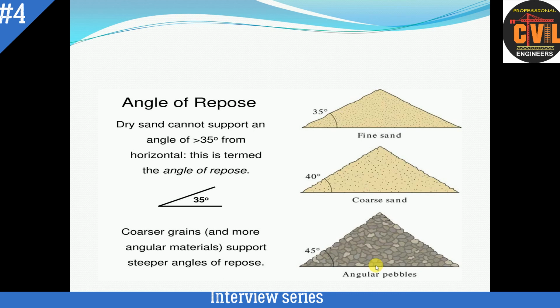So it means that fine sand can develop an angle of repose up to 35 degrees only. After that the slope will collapse, and coarse aggregate will resist up to 40 degrees. After that its slope will collapse.